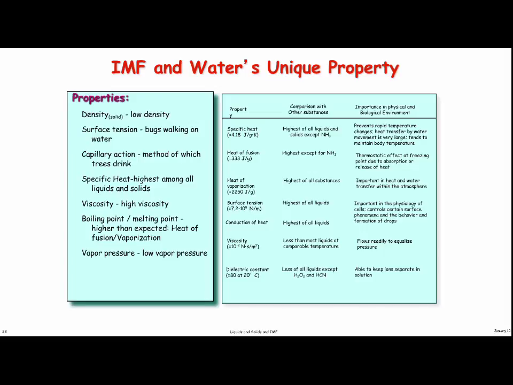If we take a look at water, water has a very low density in its solid state. In fact, in its solid state, ice, it tends to float versus sink.